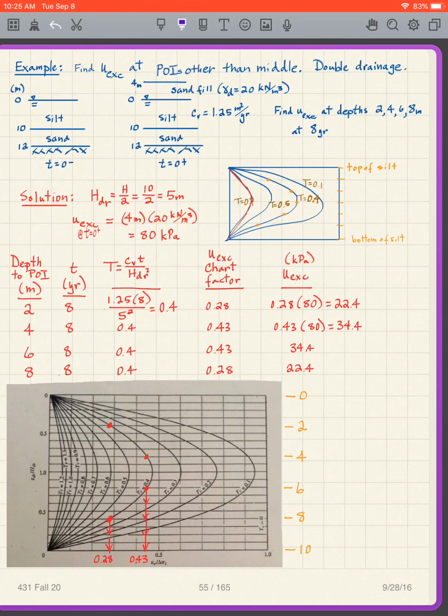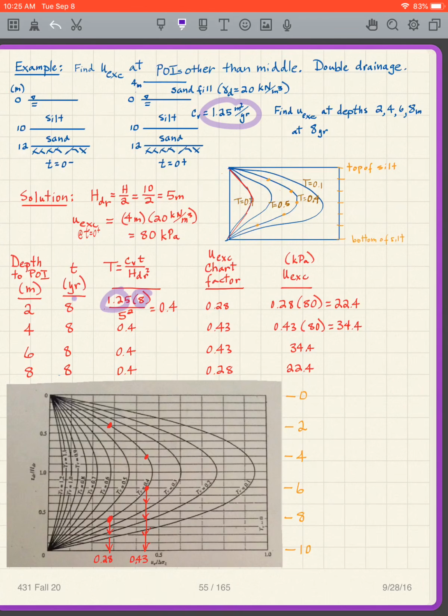So let's look at our depths to the point of interest. Those are given to us as 2, 4, 6, and 8. The time is 8 years. We know that capital T is C sub v t over HDR squared. So I plug in my given C sub v, which was 1.25.